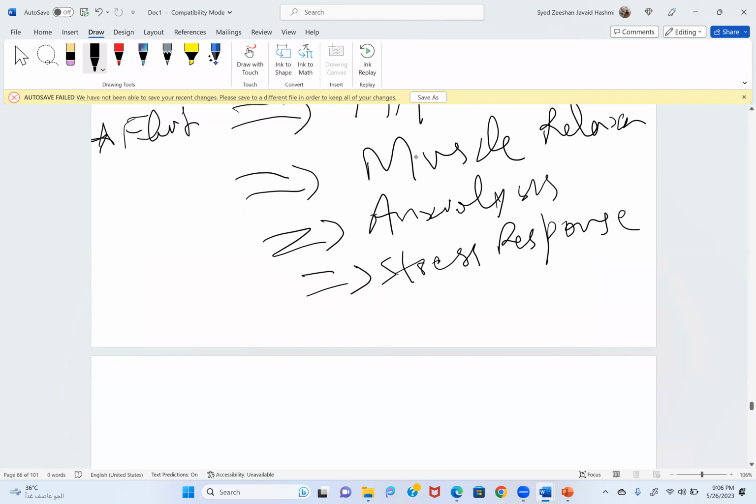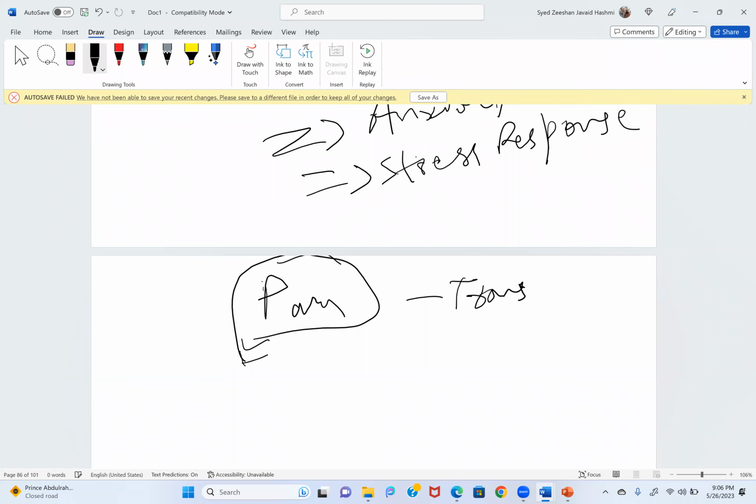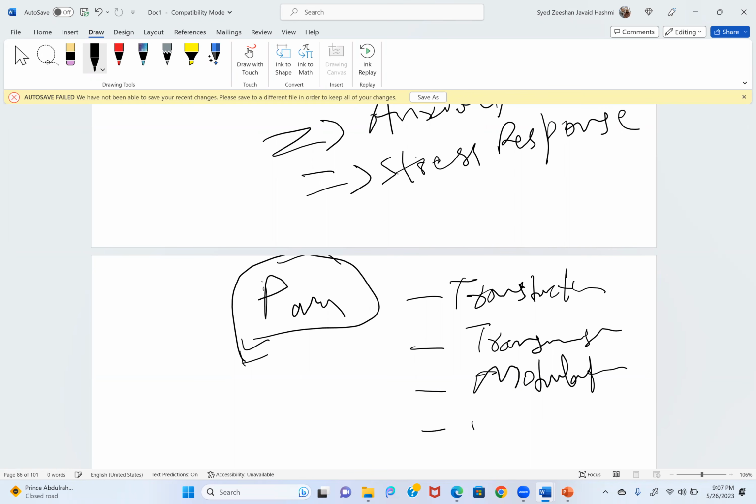Now, one of the important components is pain, like analgesia. What are the different mechanisms to control pain? That will be transduction, transmission, modulation, and perception.